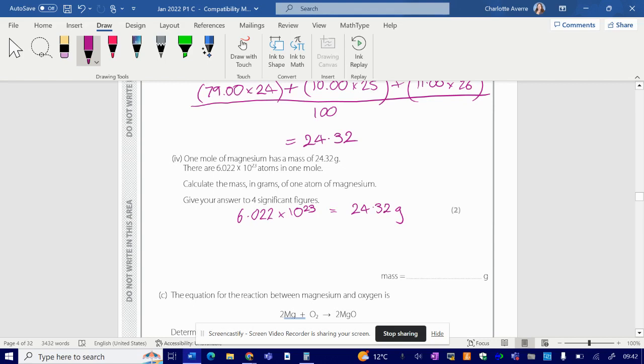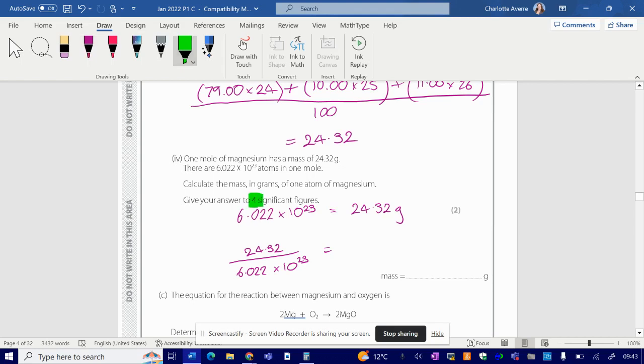So to work out the mass of 1 atom, we take our 24.32 and we divide that by the number of atoms that we've got. And that will give you an answer that is very small.